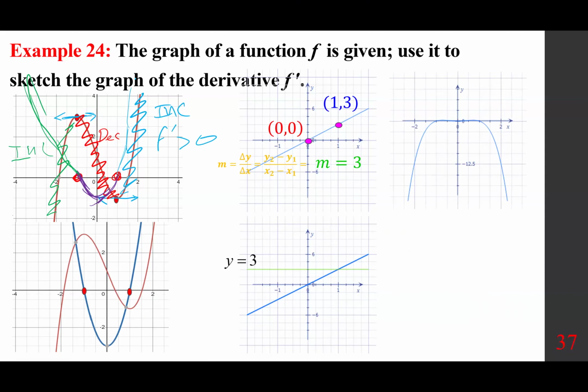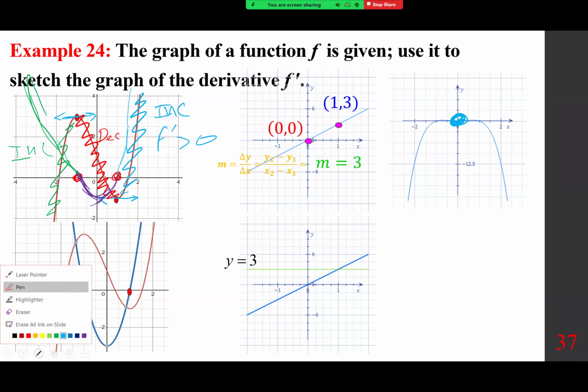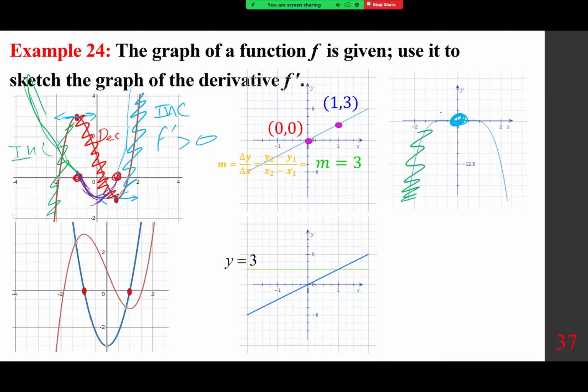Let's look at this function, and this corresponds to a local max or min, and the f prime represents at that point 0. And so this part, let me use a different color. This part, okay, is increasing, which means f prime is positive.